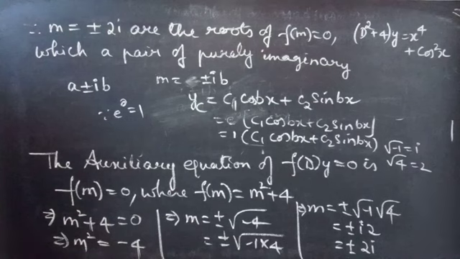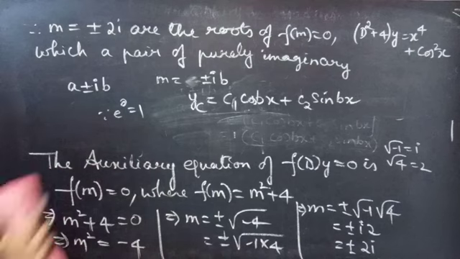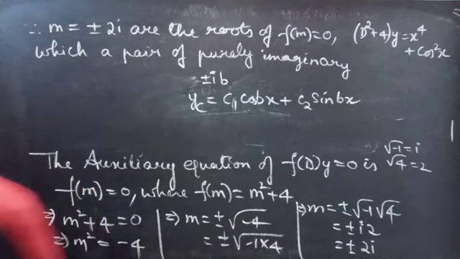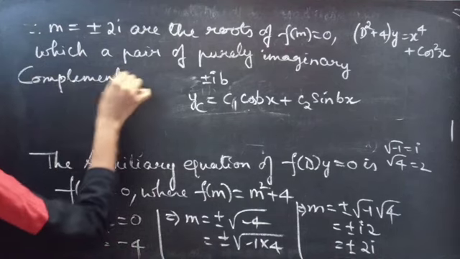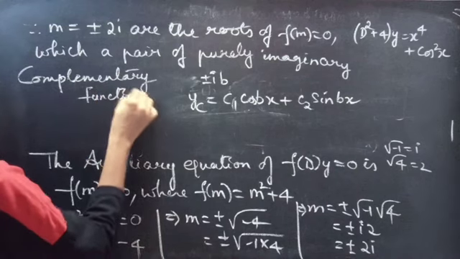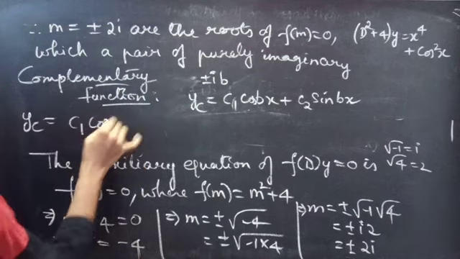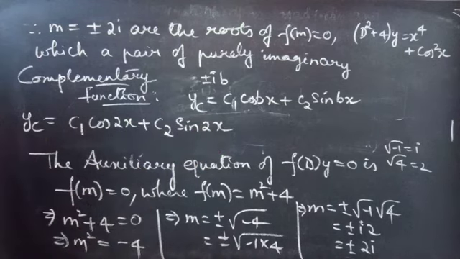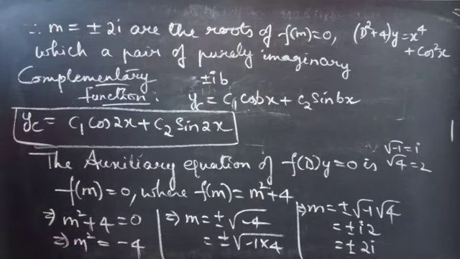Now, for m equals plus or minus 2i, our complementary solution looks like yc equals c1 cos 2x plus c2 sin 2x. Right? Now let's find yp, the particular integral.